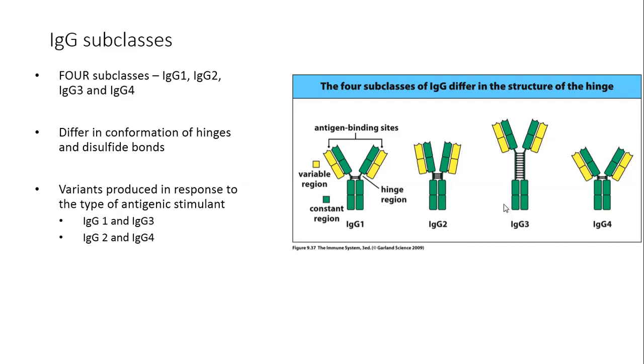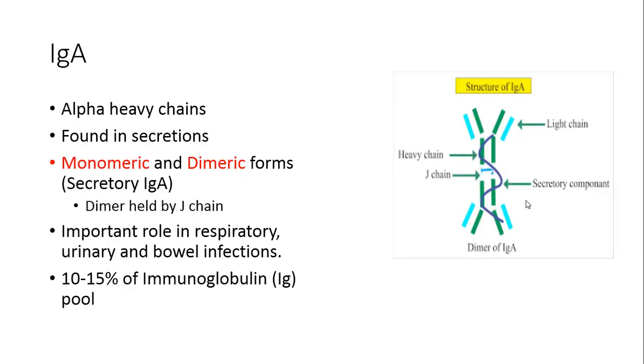IgG2 and IgG4 respond really well to those simple carbohydrate, polysaccharide kind of antigens. All of these subclasses can respond in what we call the secondary immune response. We're going to review that in just a minute, but keep that in mind. All 4 of these are able to respond equally in secondary immune responses. Let's move on to the alpha chain.